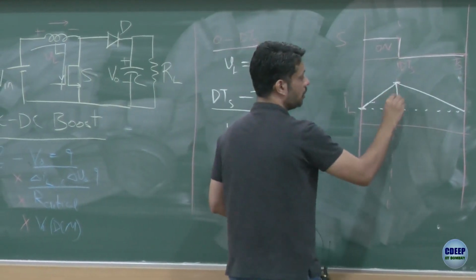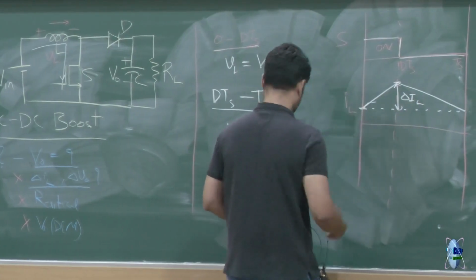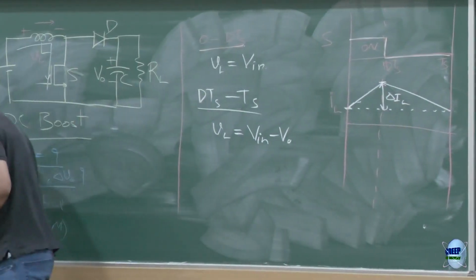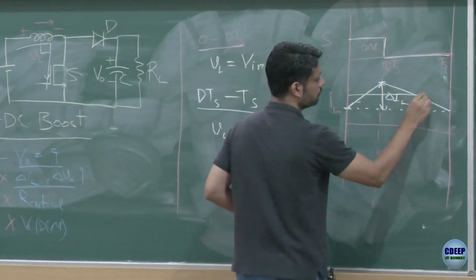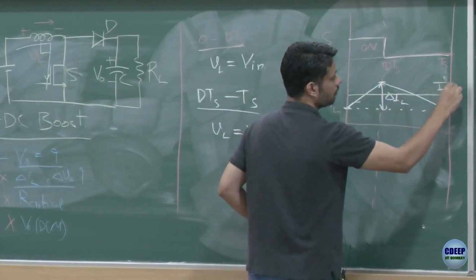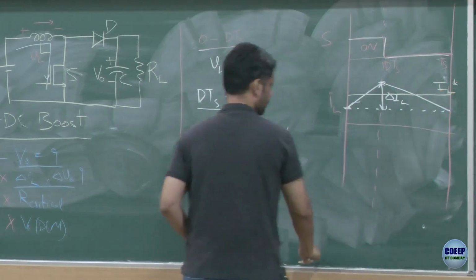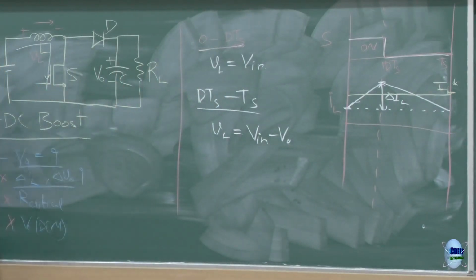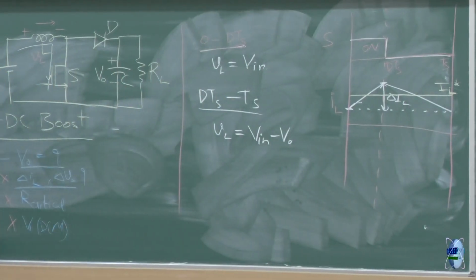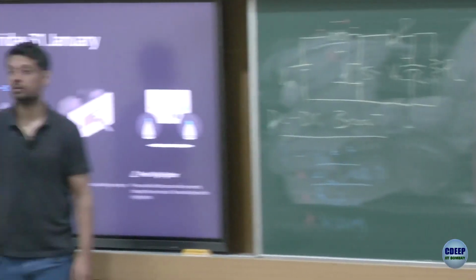This thing will be your delta IL, and this is your average inductor current. Is that okay? Any doubts so far?